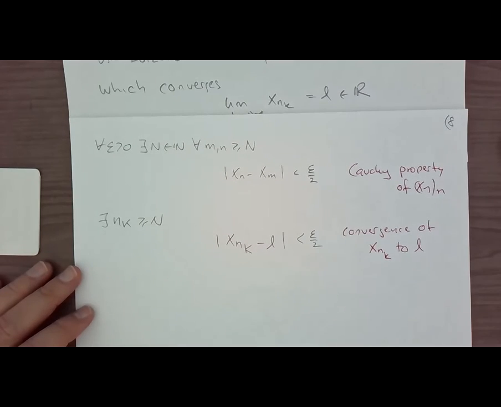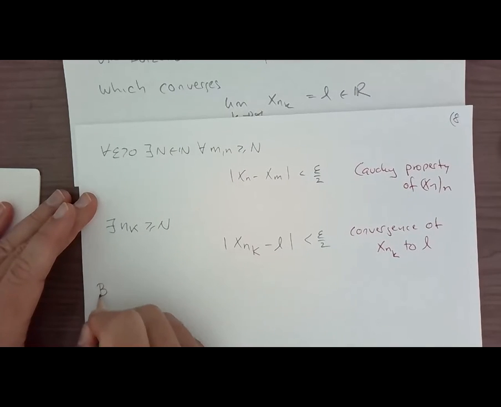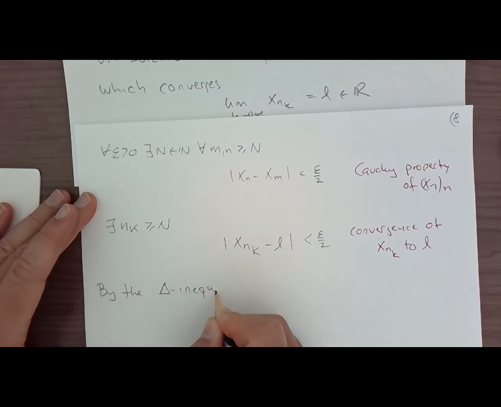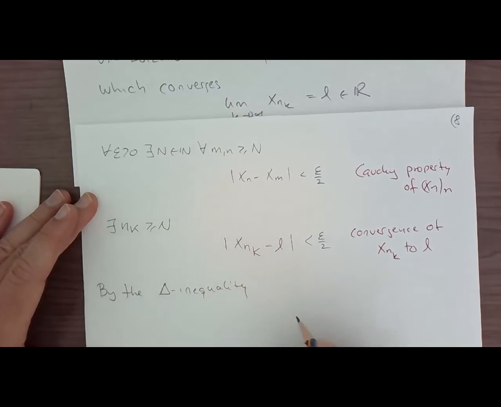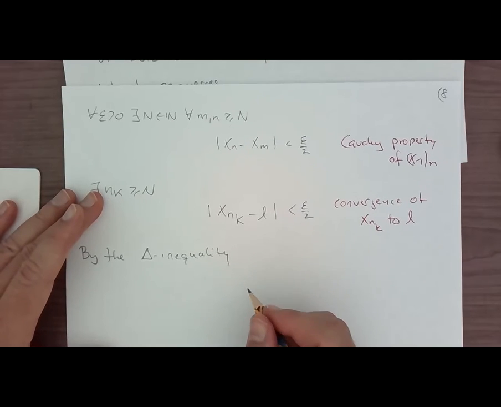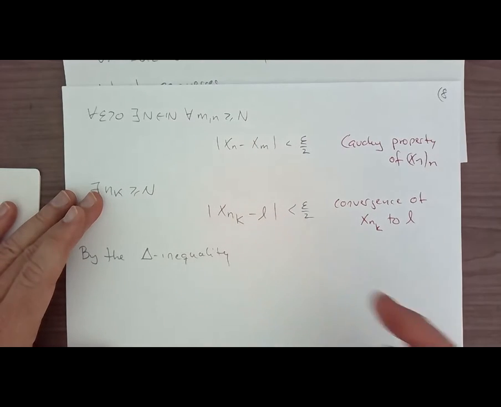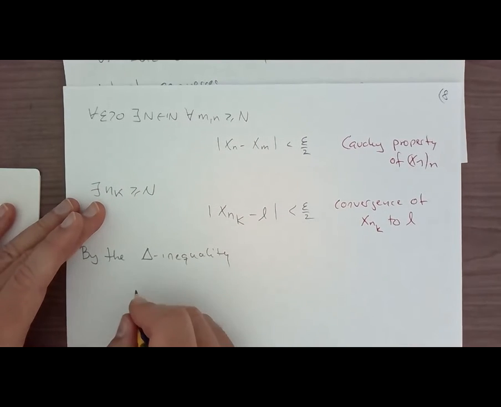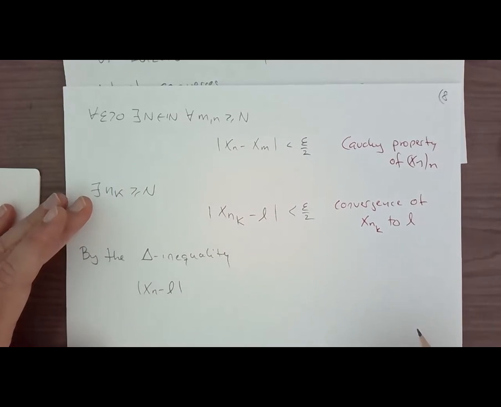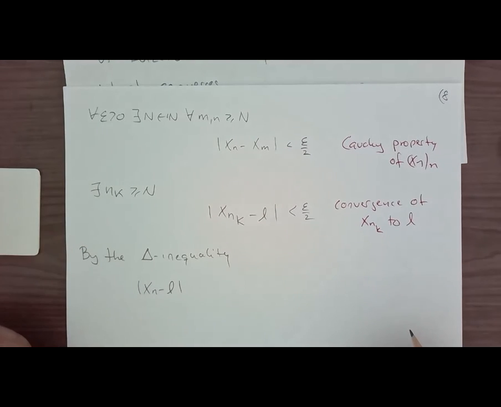And now it's just a question of using the triangle inequality. So by the triangle inequality, we can merge them. But I'm interested in how x_n compares to L. So I have |x_n minus L|. And I'll do the usual trick, add and subtract the same thing.